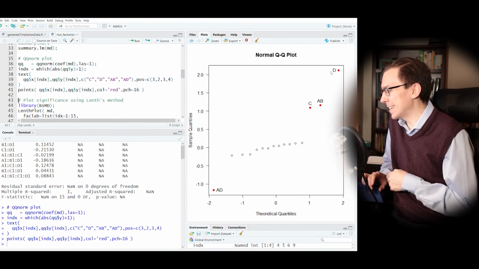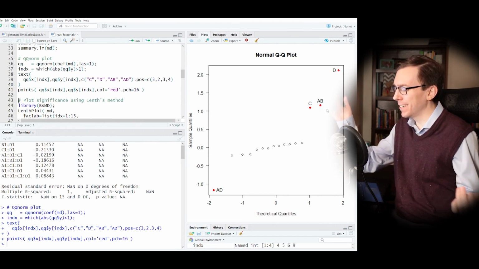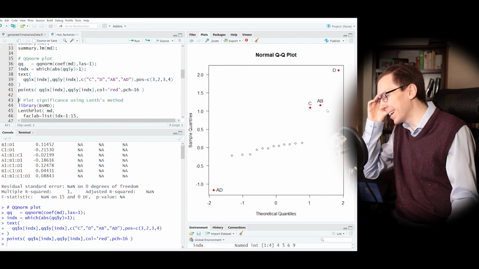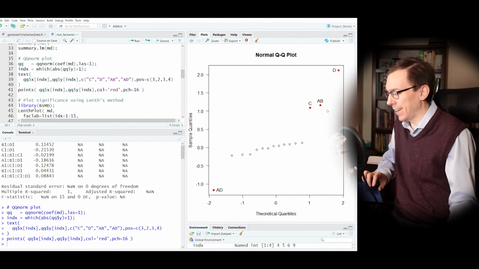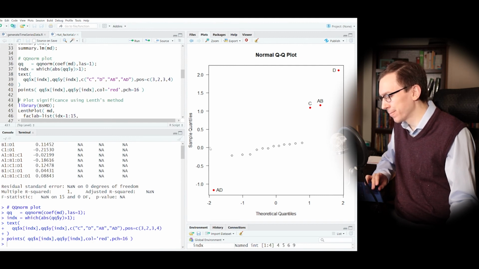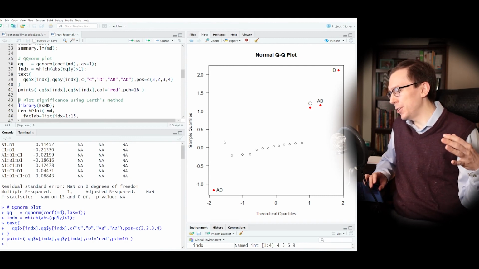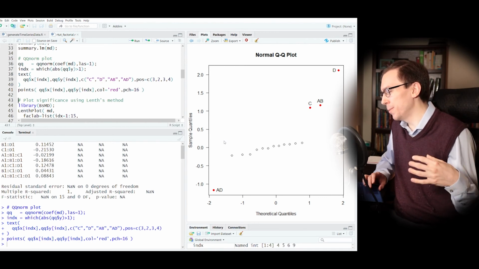So factor D is popping up here, and that looks pretty different from the rest. The same with C and AB. When you stare at this, you kind of think, okay, there's definitely something going on with C and AB, and then there's something going on with AD here, and the rest just seem uninteresting, right? It's just this line pretty close to 0. Now remember, this is a normal QQ plot.